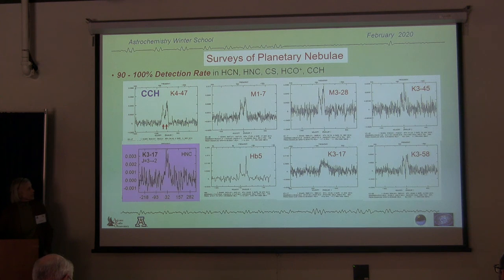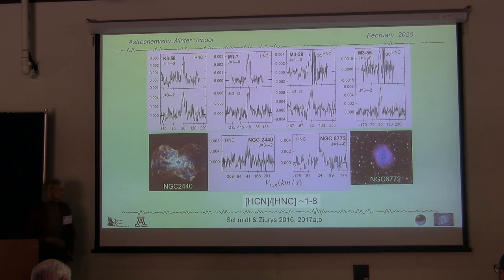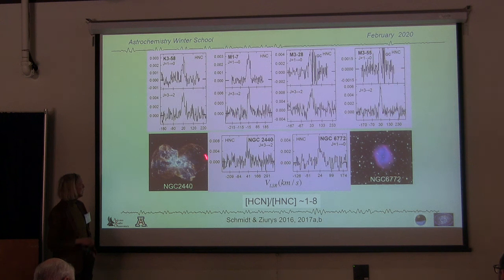And then HNC, that's just some of the spectra. Some more HNC. And in the process, we added a few more nebulae, NGC 6772, which is an elliptical one, and then this multipolar one, NGC 2440. And almost every place we looked, we found HCN, HNC, CCH, HCO+, and even CS.